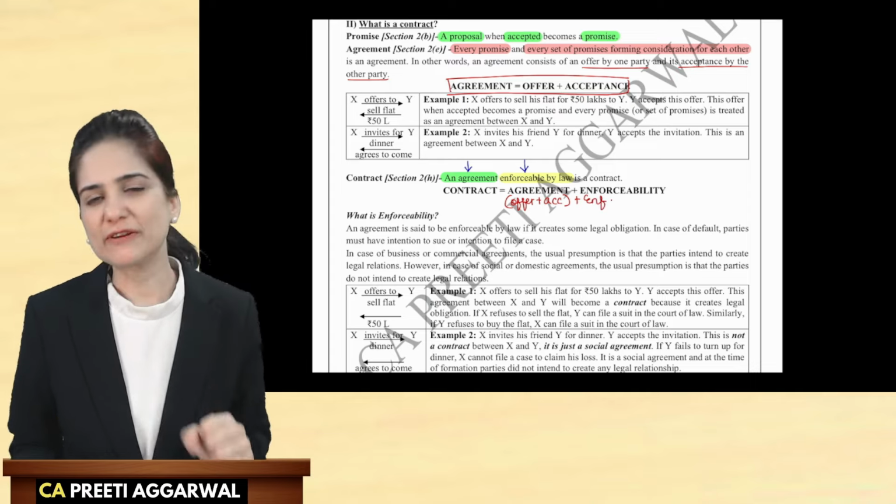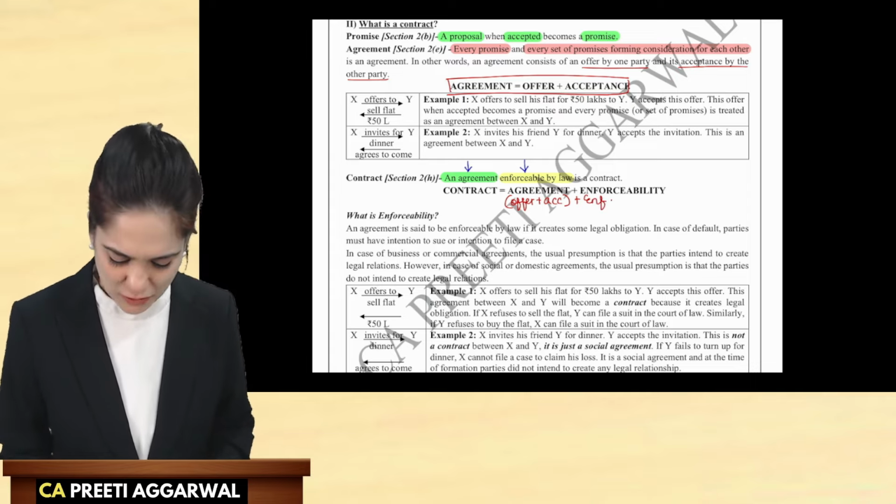What is the meaning of enforceability? Enforceability means intention to sue, intention to file a case. If one party defaults, the other party can take action.